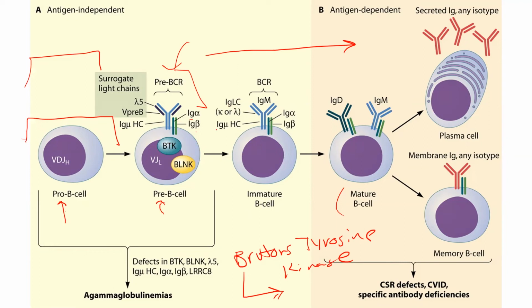Once all of these are set in stone and we start making a mature B cell receptor, we become a ready-to-fight immature B cell, but since we're in the bone marrow, it's still considered immature. Once we come out, we're considered mature, okay? Now, immature B cells, it's very important what we do from there.